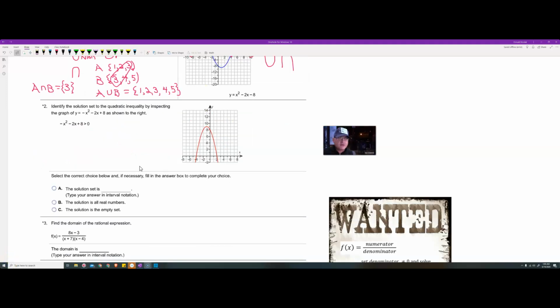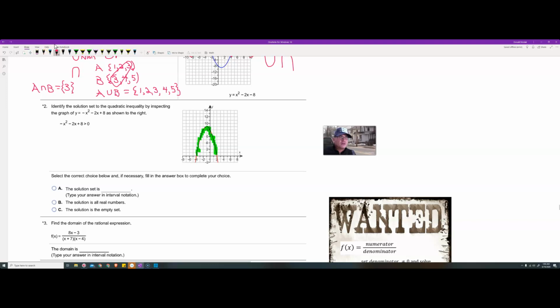Now, the only difference on this one is it doesn't have an equal sign. So we're looking for, where's this graph positive? Well, it's positive wherever it's above the x-axis. So the graph is above the x-axis all through there.